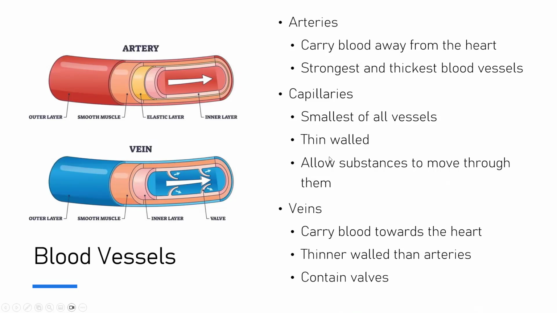But then you have capillaries, and capillaries are the smallest of the vessels. They're very thin walled, and capillaries usually wrap around things because one thing capillaries can do that arteries and veins can't is allow substances to move through their walls.